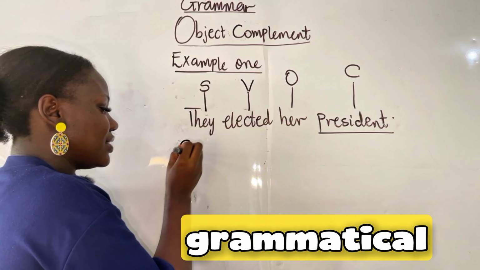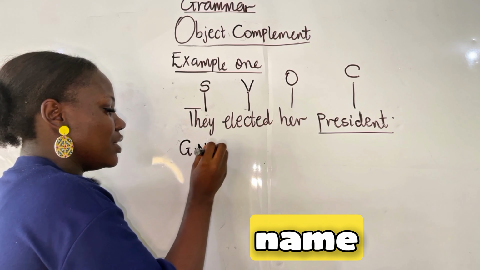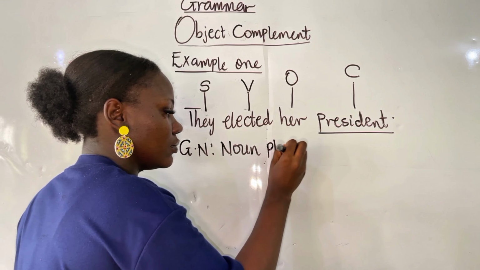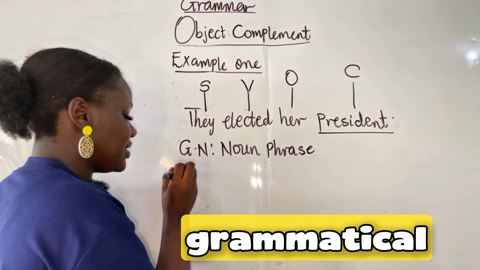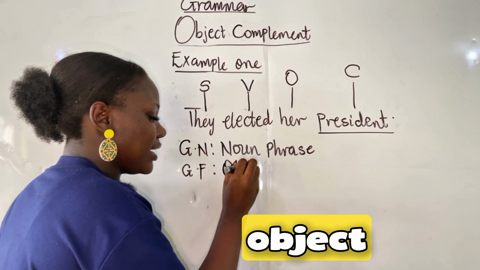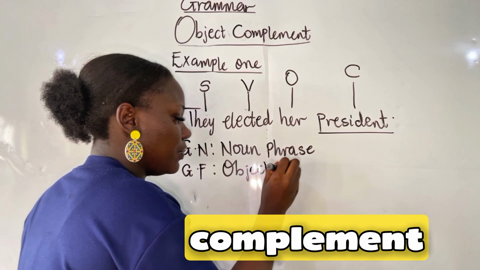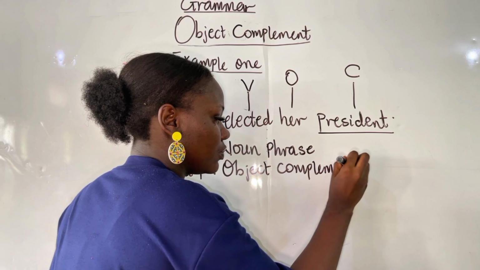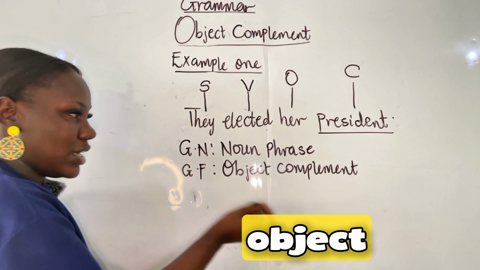Now, what is the grammatical name? The grammatical name is noun phrase. And the grammatical function is object complement. What is it doing as object complement?